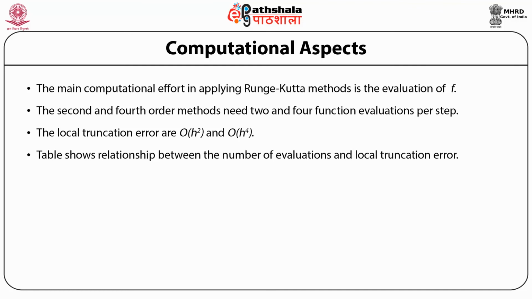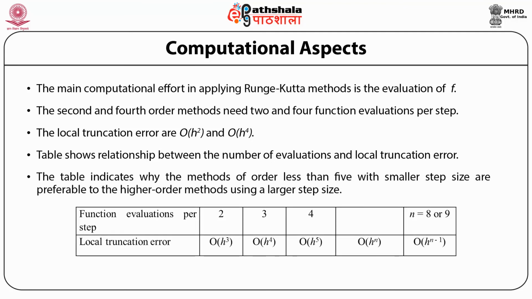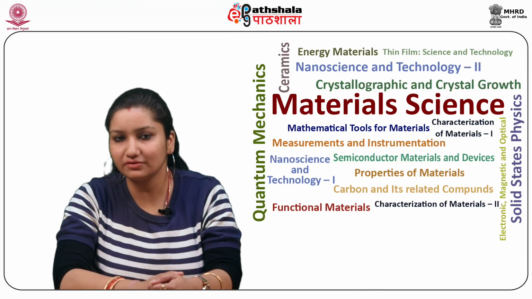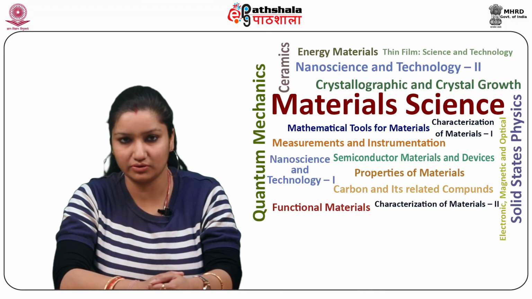The table given here shows the relationship between the number of evaluations and total truncation error. The table indicates why methods of order less than 5 with smaller step size are preferable to the higher order methods using a larger step size. Let us discuss now the system of differential equations.